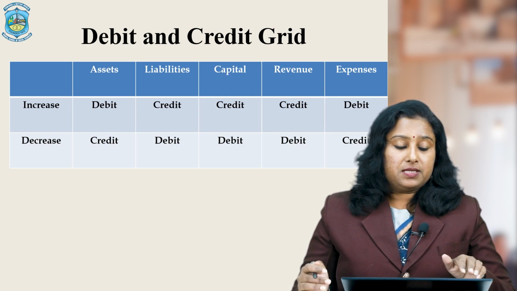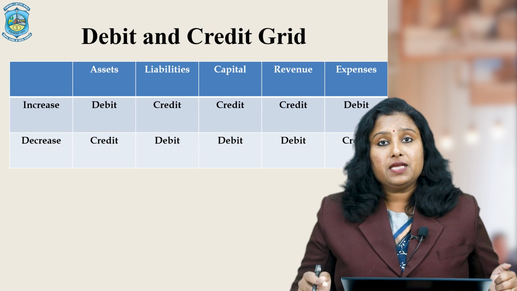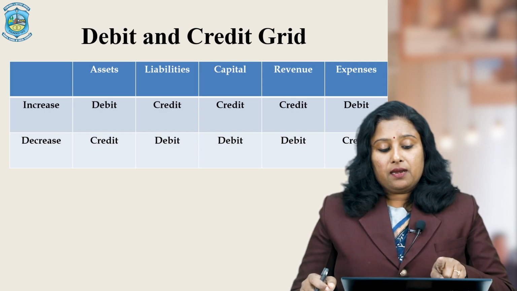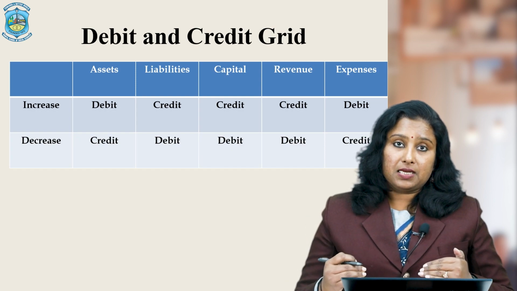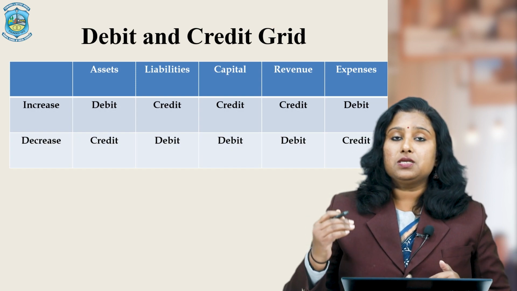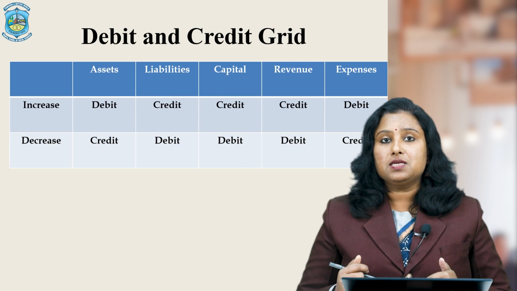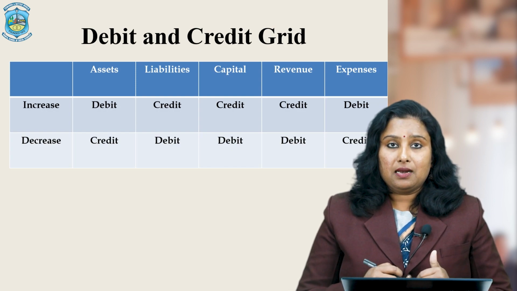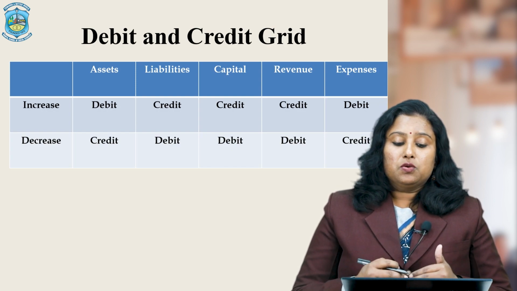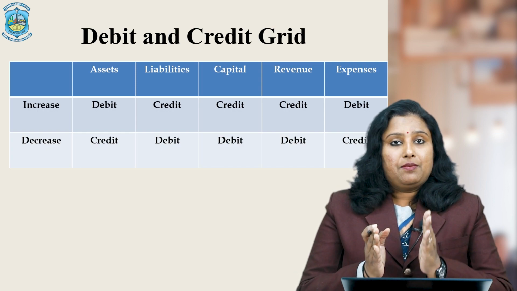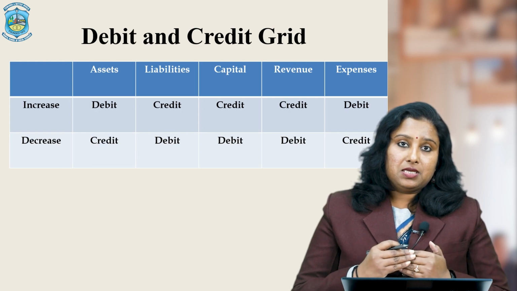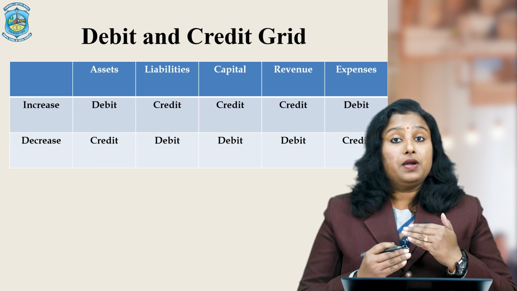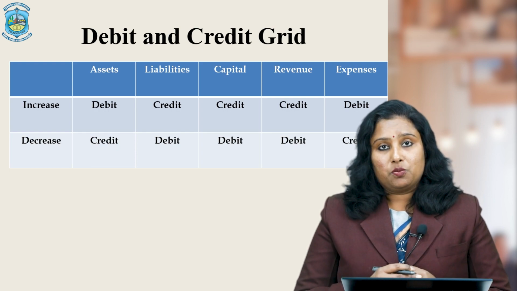Just the opposite is at the bottom, that is decrease of these accounts. When the assets and expenses, the extreme 2 ends, are decreasing, you need to credit that particular account. And the same goes with the middle ones, that is liability, capital and revenue. When you find a decrease in the liability or capital or revenue, it has to be debited.